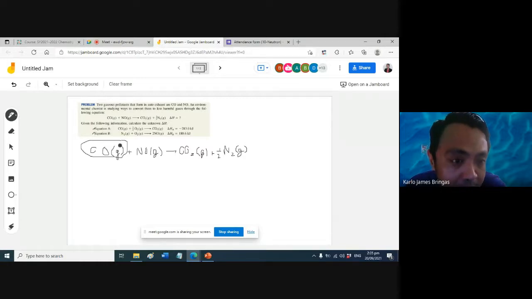So maybe someone would like to write for me, ano bang ilalagay natin dito? So what do we do with equation A? So kindly just write it here sa ating space sa baba. You can just copy this one. You can do operations with it. So whatever you think para lang magkaroon tayo ng CO gas.